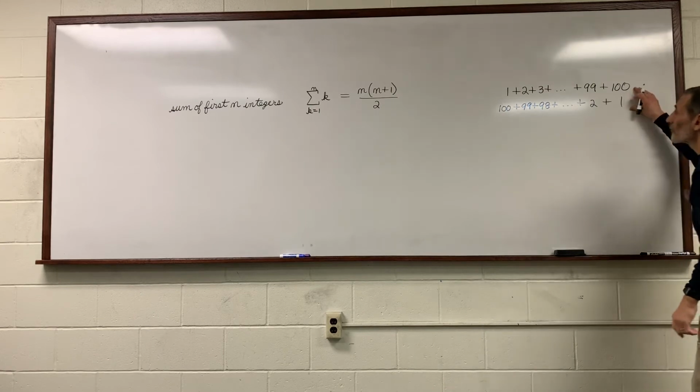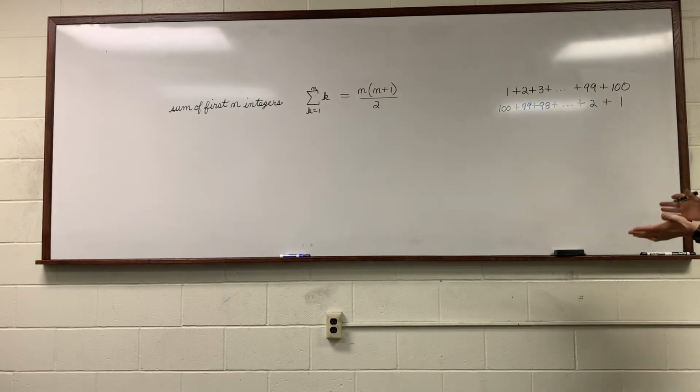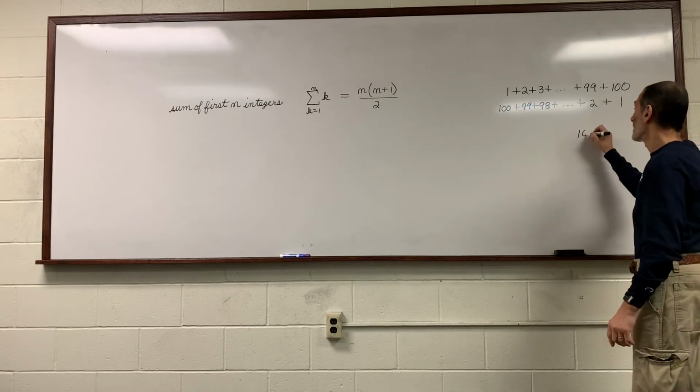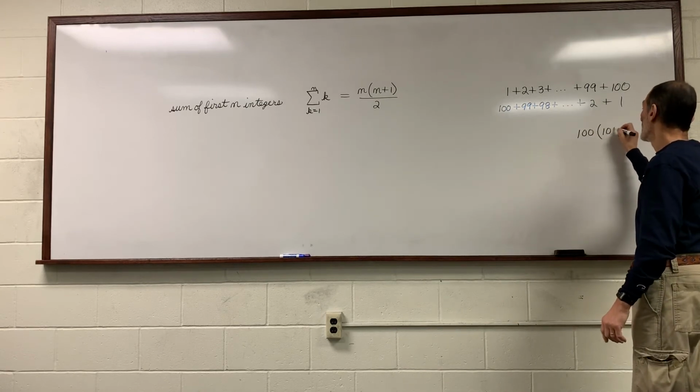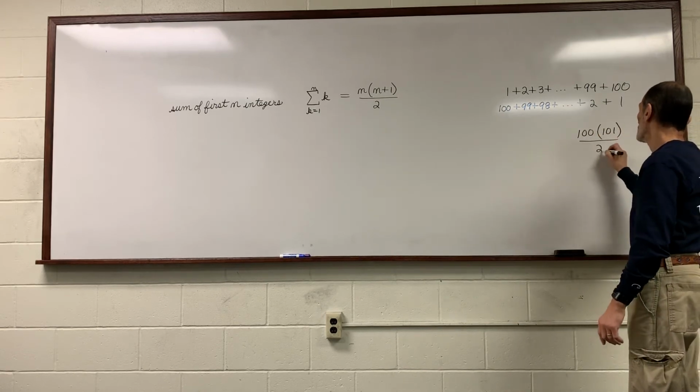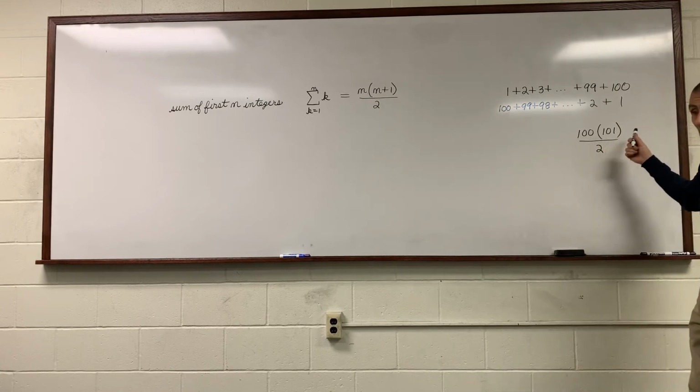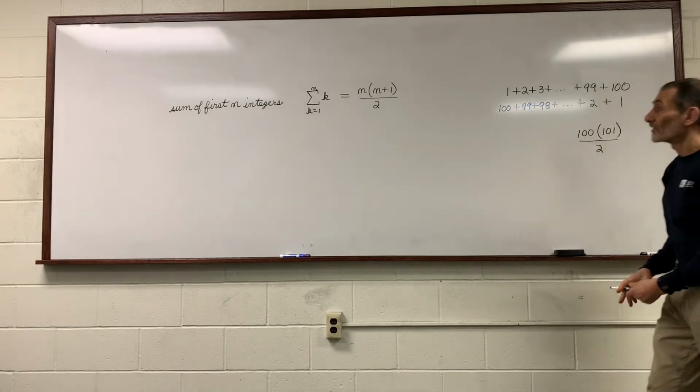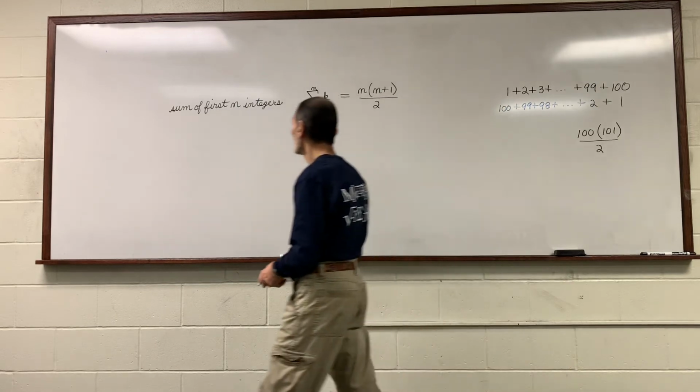But these represent those integers from 1 to 100 twice. So you take that 100 times 101 and divide by 2. And again, you have 50 times 101, 5,050. All right, sum of the first n integers.